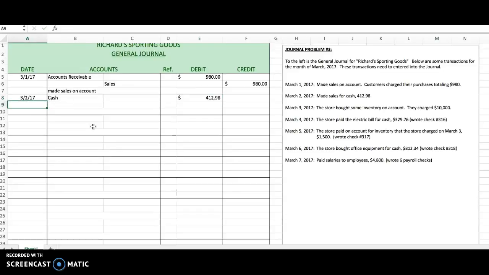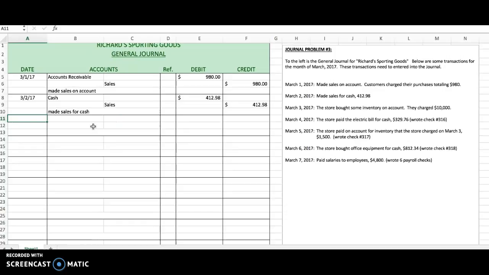Cash is an asset. It went up. We got cash, so we debit. We also made sales, just as in the first transaction. Sales is credited. It goes up by the same amount. Okay? Description: made sales for cash. All right?